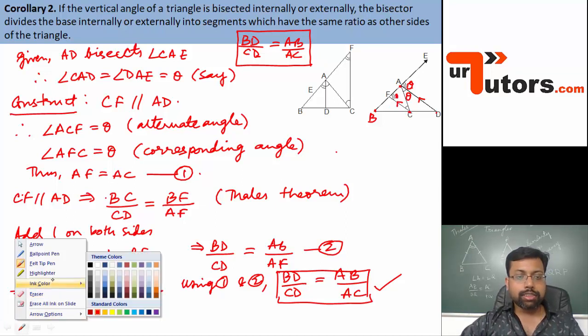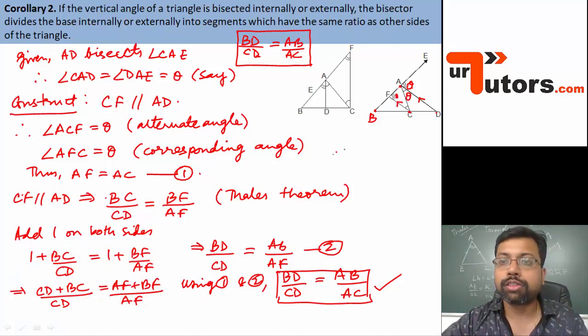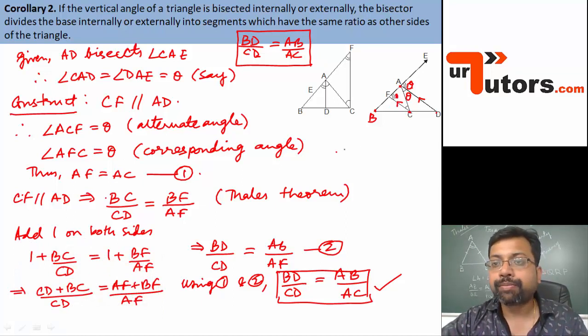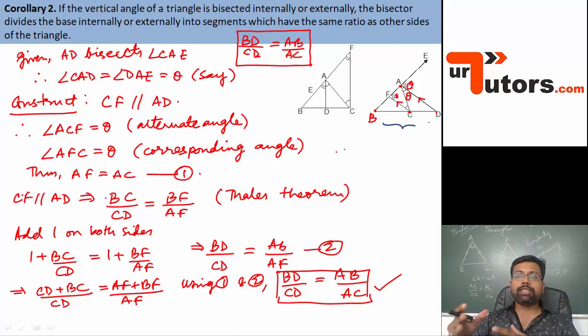Let's see this again, because this is a bit complicated to understand since it involves external division. So what happens here in this case is you have angle A, internal bisection will occur inside the triangle, external would be the external angle A. External angle A is CAE. So you bisect it and let the line meet the extended base at the point D. So D externally divides the line BC in the ratio BD by CD.